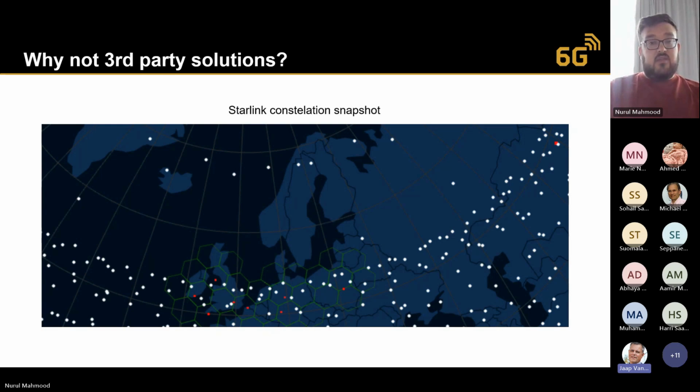So you can think, what if a country like Finland and Sweden wants to have some coverage? Can they trust completely on a third-party solution, on a company that maybe is only interested in the commercial view of it and not, for example, in serving areas where nobody has connectivity? So it's always a question to make.